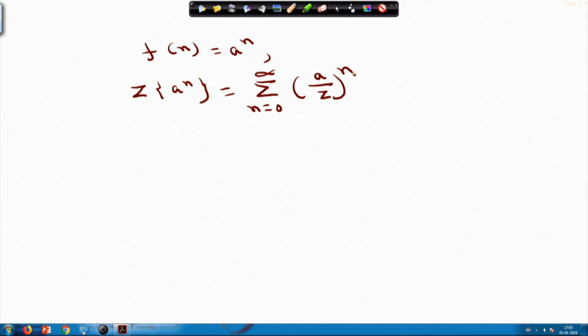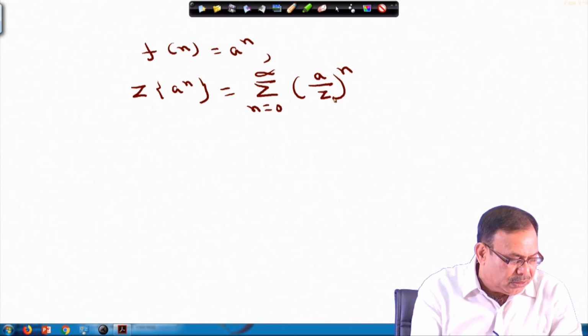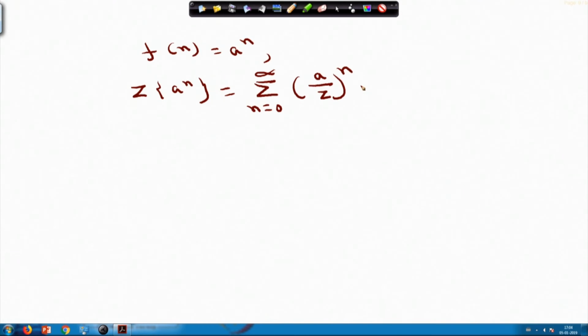So, I can write summation n equals 0 to infinity of (a by z) to the power n, and if I evaluate it, this is nothing but 1 by 1 minus a by z, and this equals z by z minus a. Of course, modulus of z should be greater than a.